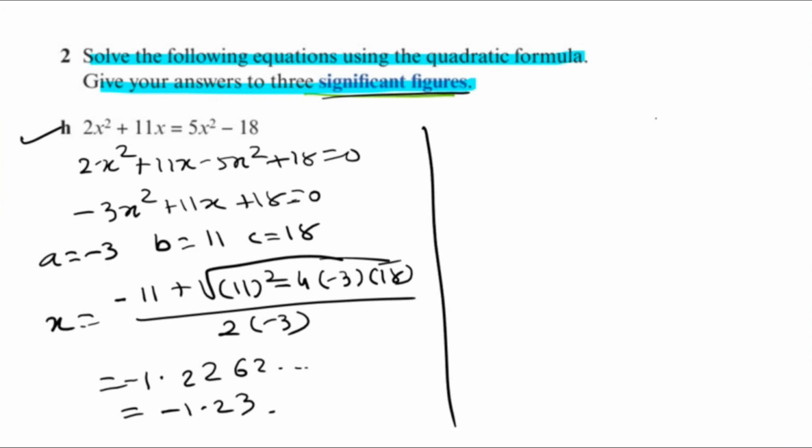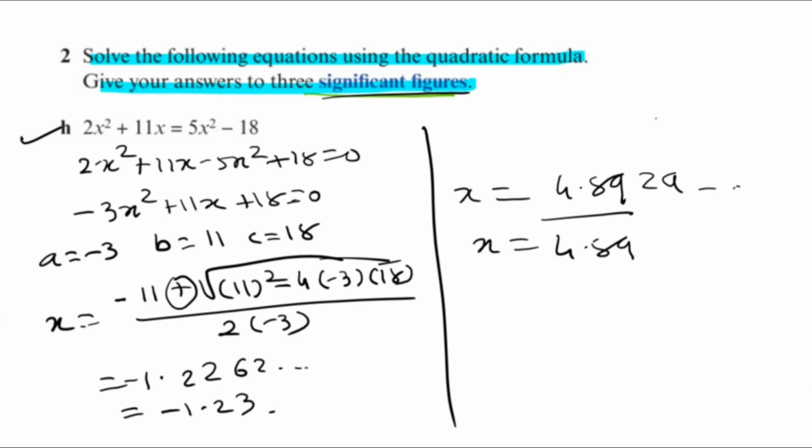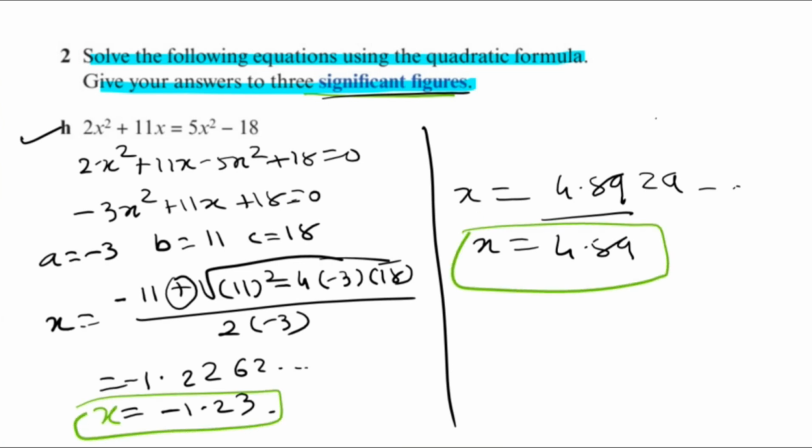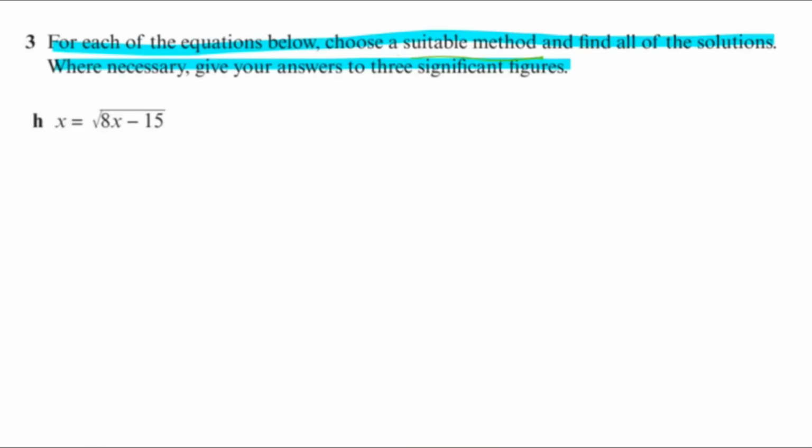To find the other solution, replace this plus with minus, and that will give you 4.8929, and to convert into three significant figures we can write 4.89. So these are the two solutions of x by using the quadratic formula. Move to question number 3.